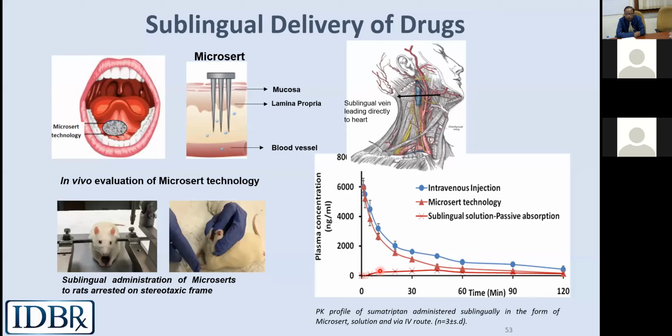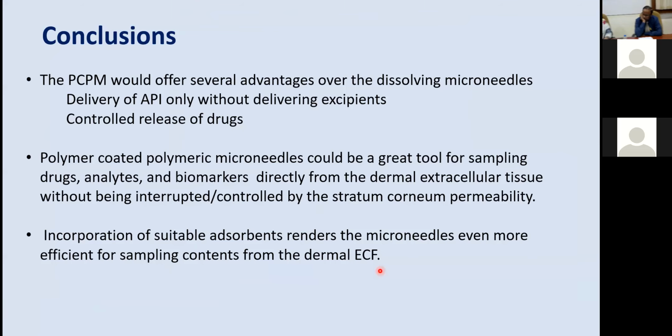So I would like to conclude by saying that microneedle drug delivery technology is definitely a promising technology. There are several dermal applications, but there are several upcoming emerging non-dermal applications as well for the delivery of drugs into cutaneous tissues, into the nail, into the mucous membrane, sublingual, and several other applications are coming up.